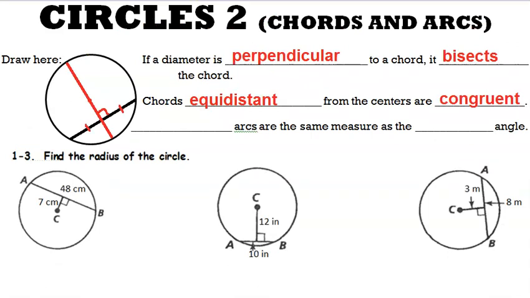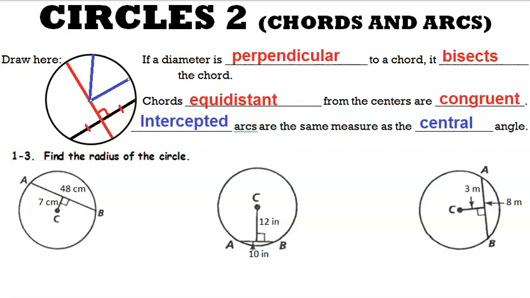Okay. Now, the third thing I want you to know, and this is going to come up a little bit later, intercepted arcs are the same measure as the central angle. Now, intercepted in this case would be, let's say we take a radius and another radius.